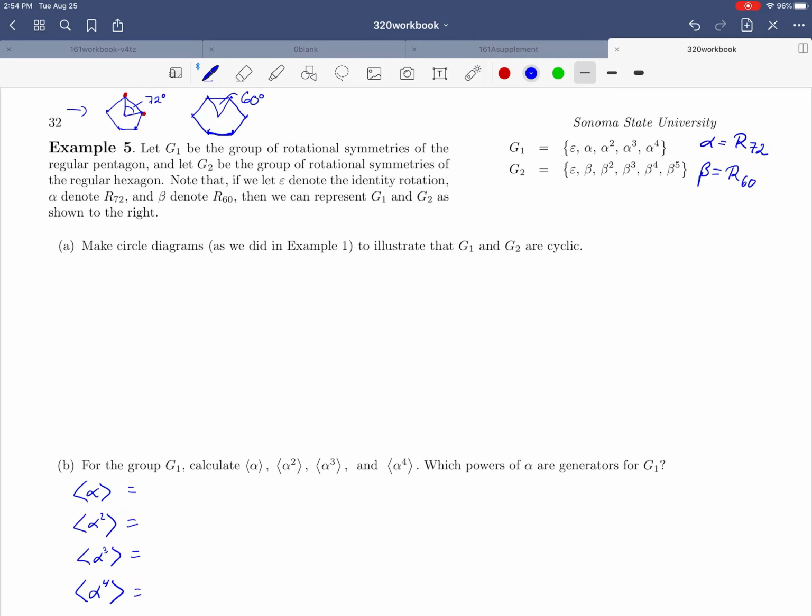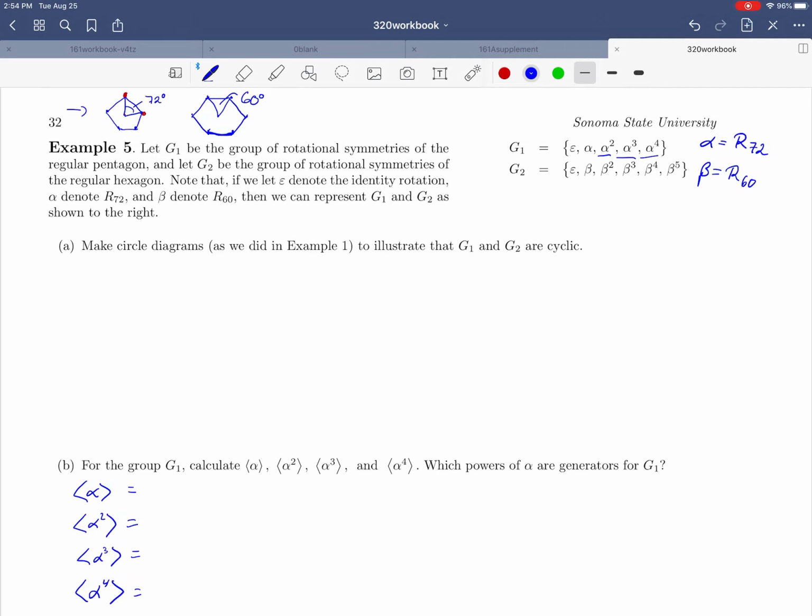What other rotations are in G1, the rotations of the regular pentagon? 72, then 144 degrees, that would be alpha squared, then another 72 degree rotation gives you alpha cubed, and one more time gives you alpha to the fourth.